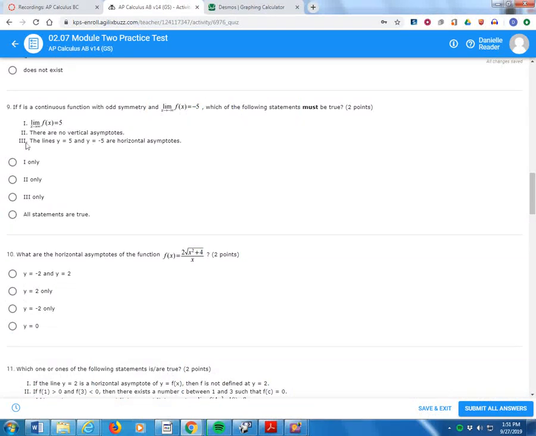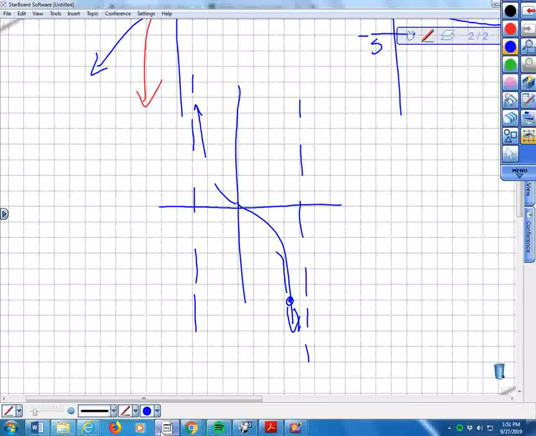The lines y equals 5 and y equals -5 are horizontal asymptotes. So as it goes to infinity, it's approaching -5. So I would say that's the answer, because if it's approaching -5, as it gets bigger and bigger to infinity, I'm thinking it's going to be more like the graph I drew before. Now my board's not going to work.